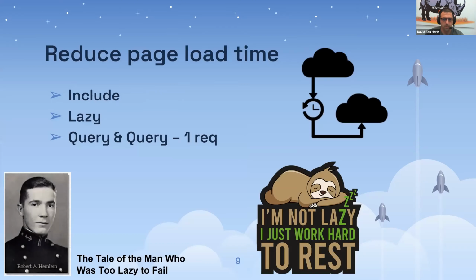Now, there is a story that I really like by Robert Heinlein, The Tale of a Man Who Was Too Lazy to Fail. And I strongly recommend that. The whole idea here is that you want to be as lazy as possible. You want to do as little as possible, but at the same time, that actually requires prior thinking.